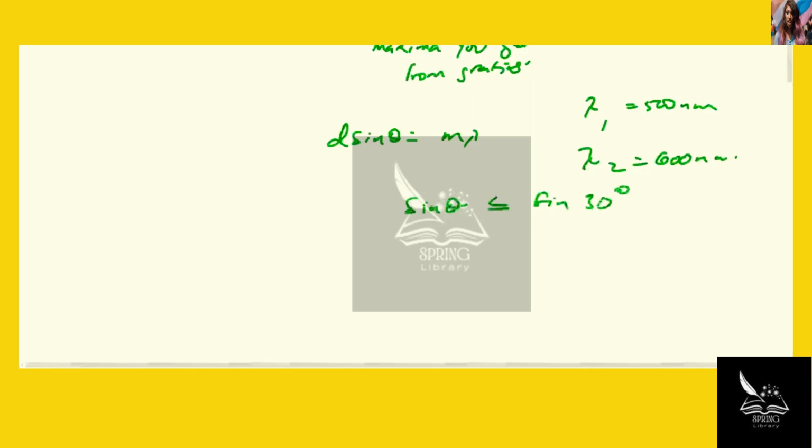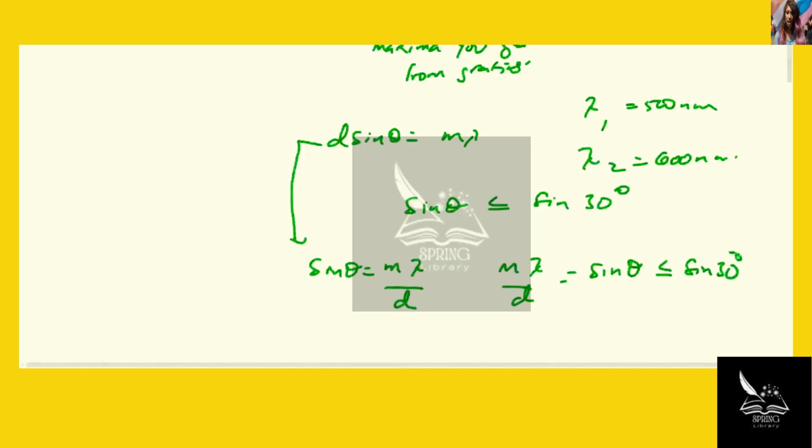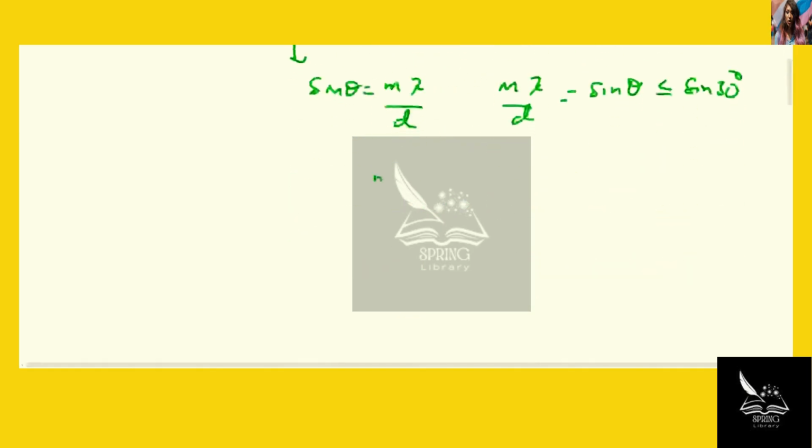So if this is true, we can divide both sides by d, and so sine theta equals m lambda over d. Or we can flip it and say m lambda over d equals sine theta, but sine theta is less than sine 30, so it follows that m lambda over d has to be less than or equal to sine of 30. So this is lambda 1, 2.